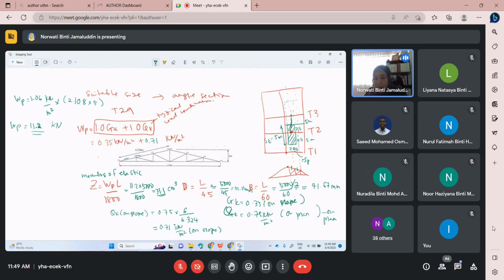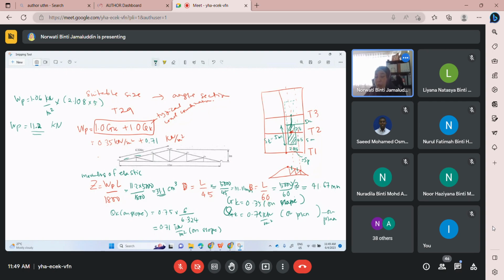I repeat again. If you want to use set rod, normally we put set rod at the intermediate, at the mid length of this purlin. Our purlin is 5 meter length between support to support.